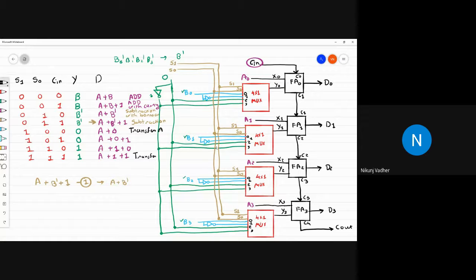Why will this also result into transfer A? Can anyone tell me?